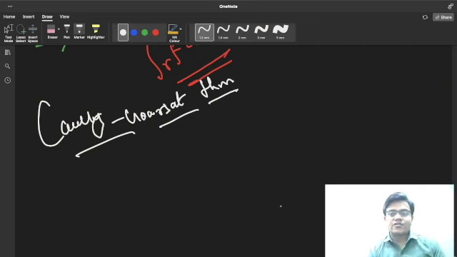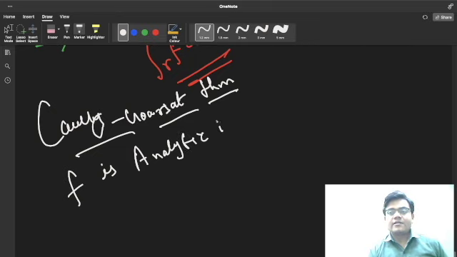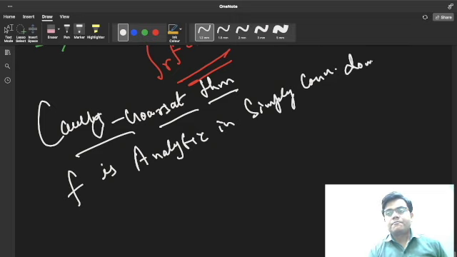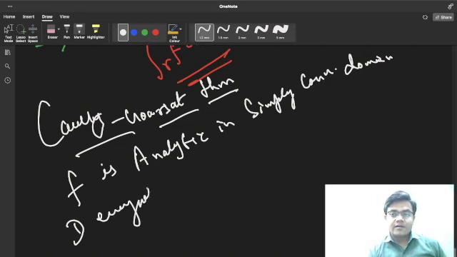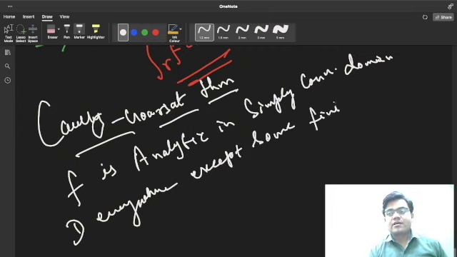Suppose your f is analytic in the simply connected domain D everywhere except some finite number of points.